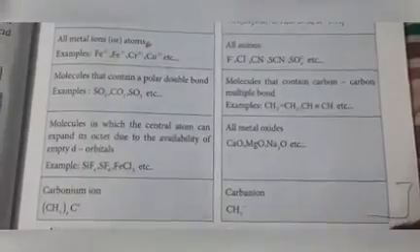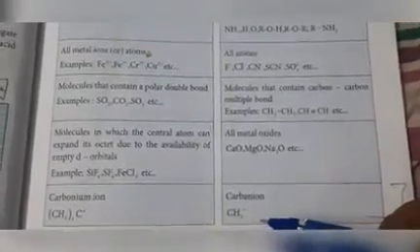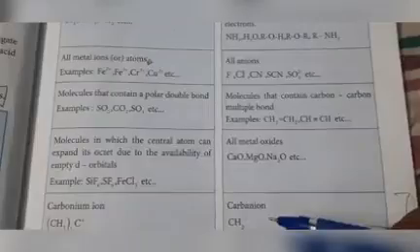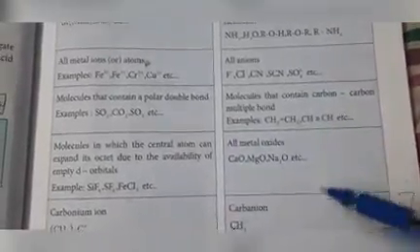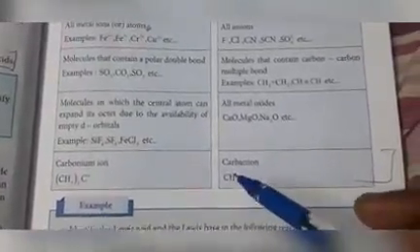Carbonium ion is a positively charged species, carbanion is a negatively charged species. So the first difference: this is electron deficient, this is electron rich. All metal ions, all anions. Polar double bond, carbon-carbon double bond. It can expand its octet due to the availability of empty d orbitals. Here all metal oxides. Carbonium ion, carbanion.